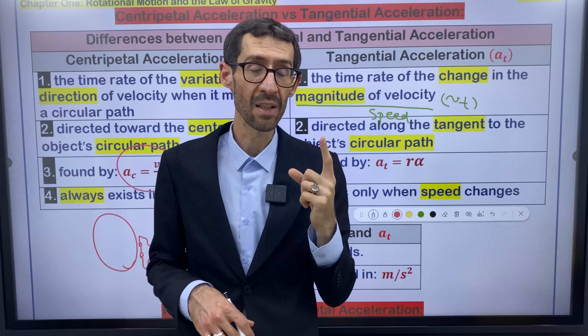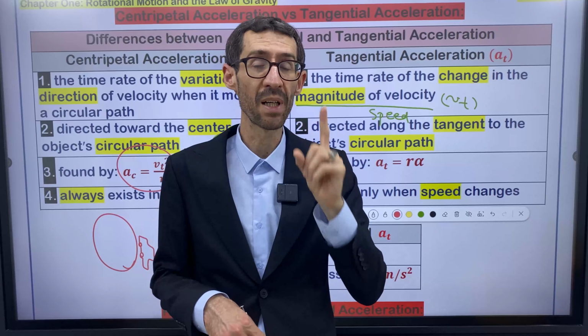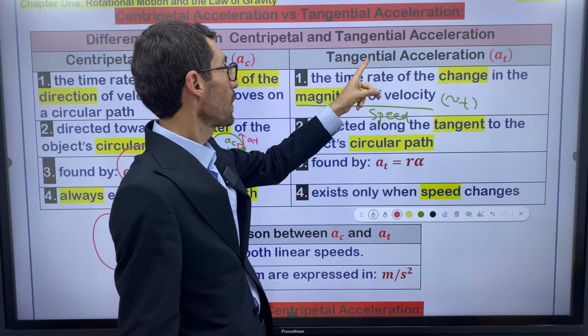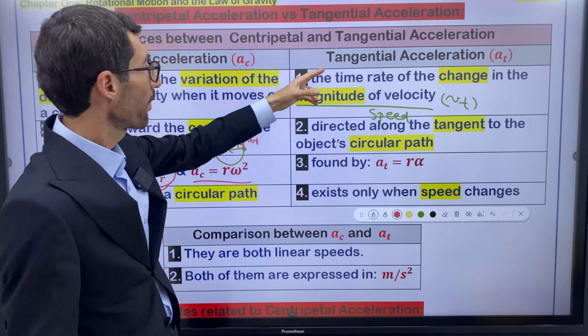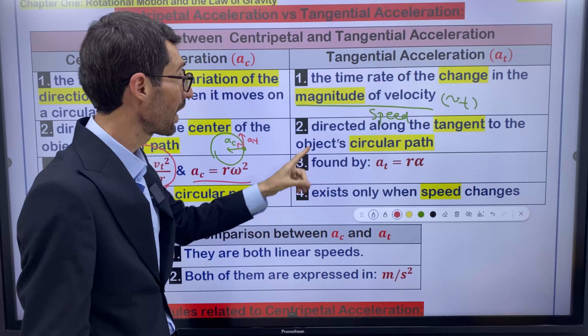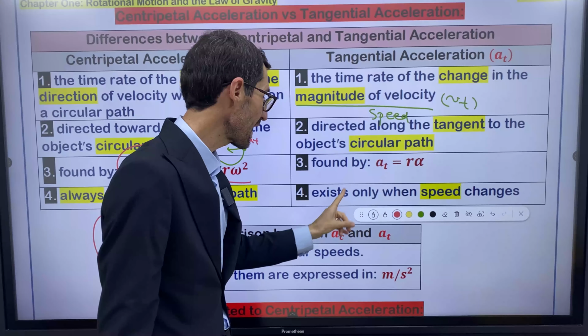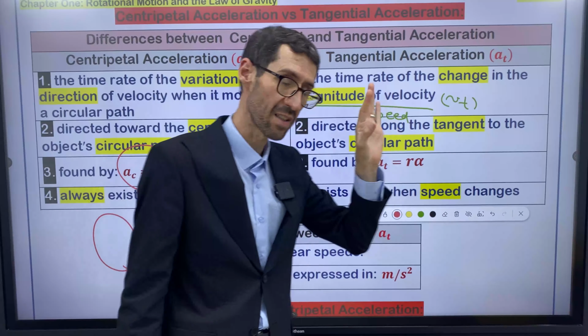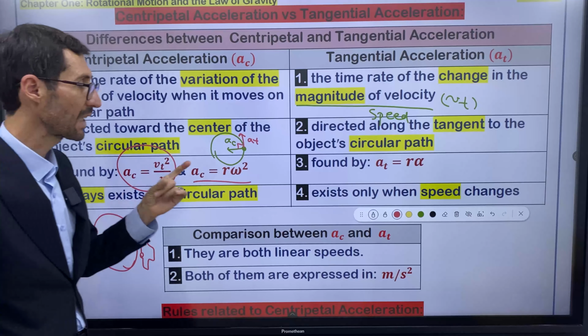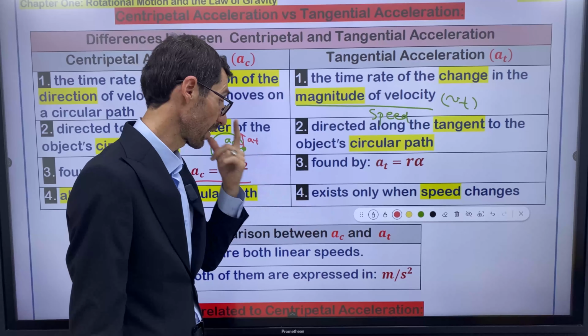But keep in mind that AC never becomes zero. Tangential acceleration or AT exists only when speed changes. That's it.